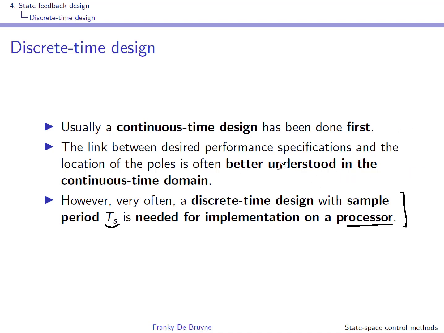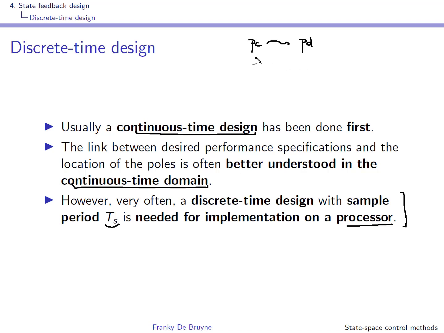The idea is that we first do a continuous time design, because for pole placement, for instance, the link between the performance specification and the pole locations is so much better understood in continuous time. So once we have this continuous time design, we take the pole locations and transform them into pole locations in the Z plane, right?